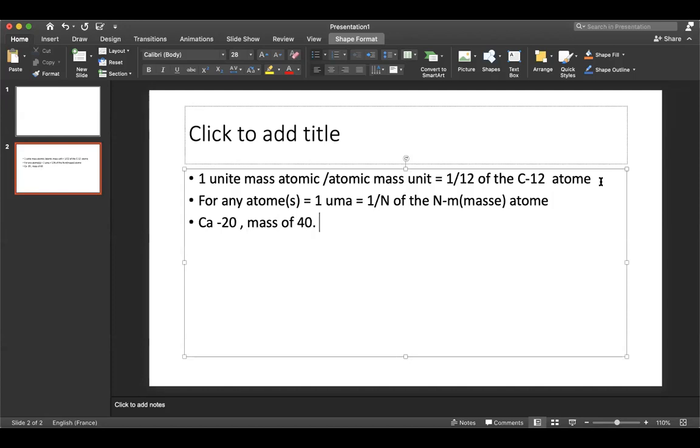So what I'm trying to say is the 1 unit mass atomic of calcium is equal to 1 over, what's the mass for calcium? 40, of the calcium 40.